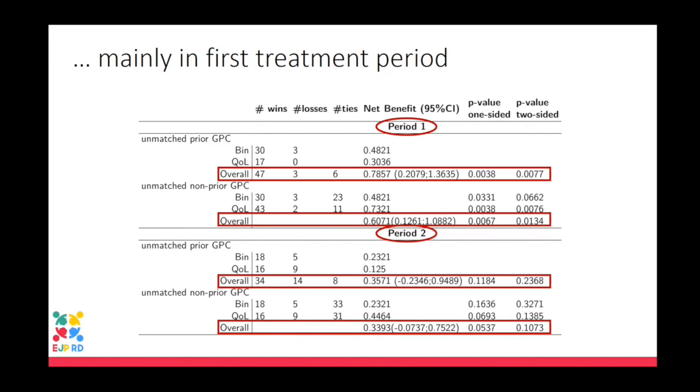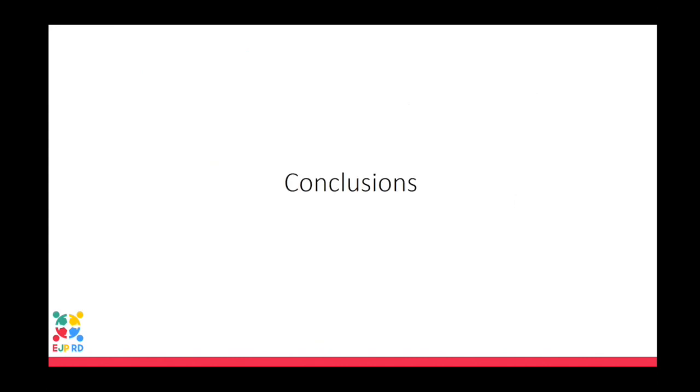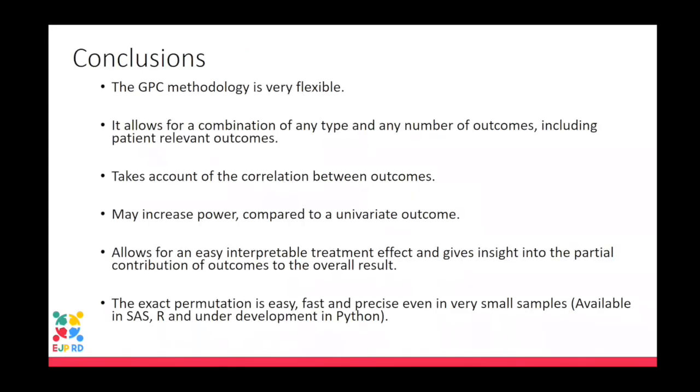I also repeated the analysis for each of the treatment periods separately, and there again we confirmed that it's mostly the first treatment period that shows the treatment effect. Again, probably because of the carryover effect in period 2. So in fact, I hope I've been able to show you that generalized pairwise comparison methodology is quite flexible.